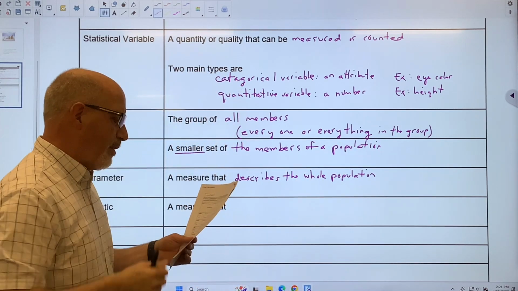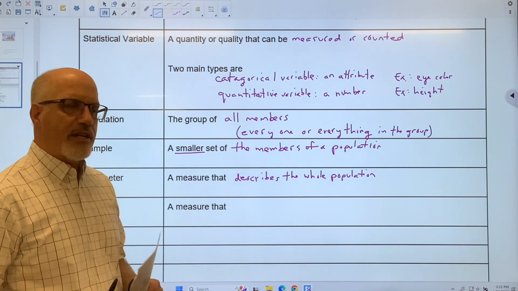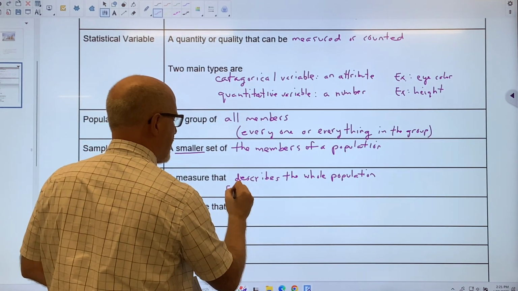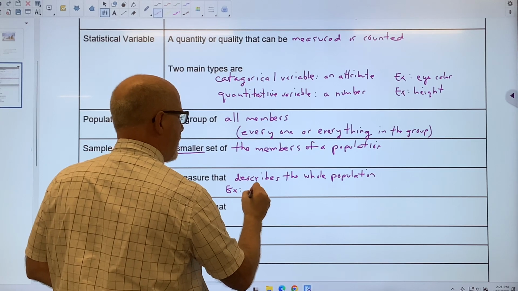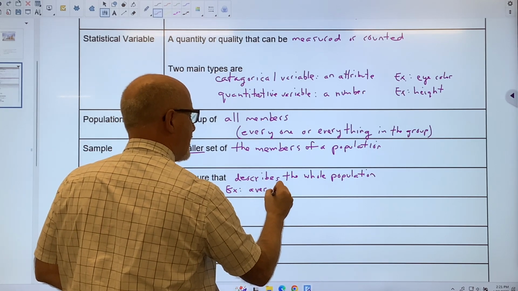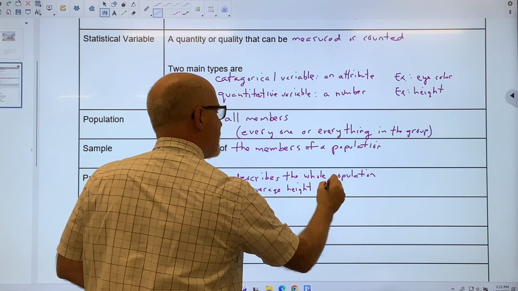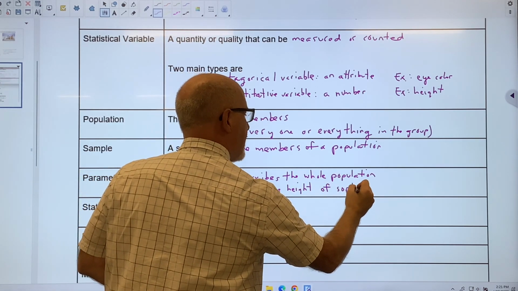As an example, if I'm talking about the sophomores at a school, I might use as my example the average height of sophomores at a school.